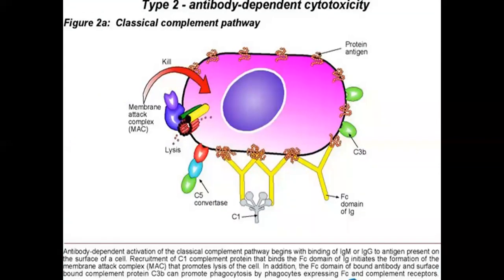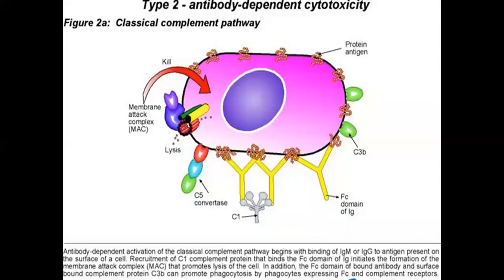This is showing you that the antibodies are going to attach to the antigen which is already present on the surface of a cell. Again emphasizing, make it very clear, the antigen in case of hypersensitivity type 2 reaction is present or attached to the surface of the cell.